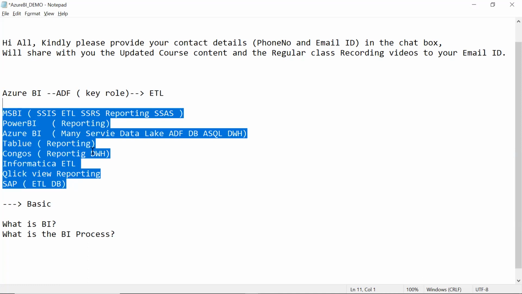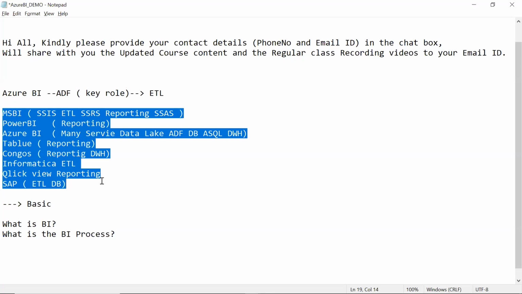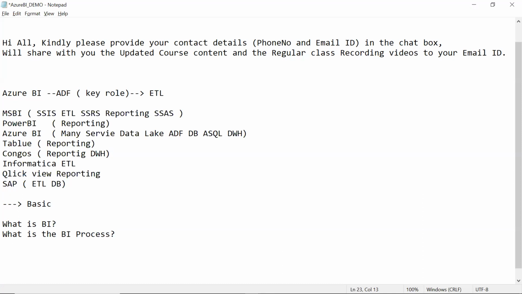So before going to these tools, you need to understand what BI is and what the BI process is. If you understand BI and the process, then in future, whatever new tools come, you can easily jump because you know the process. BI is just business intelligence; that is what we do. The full form we don't need, but what actually BI is, then we understand what the cloud is and all those things.